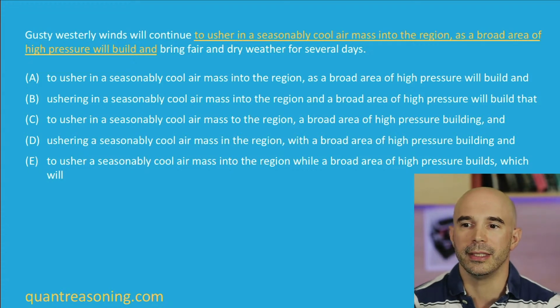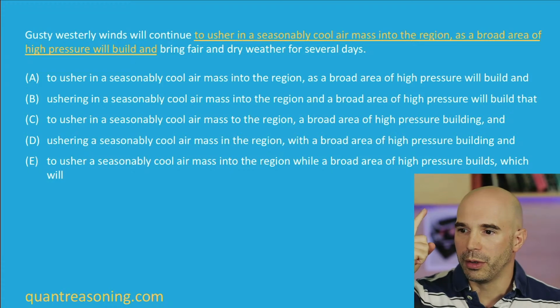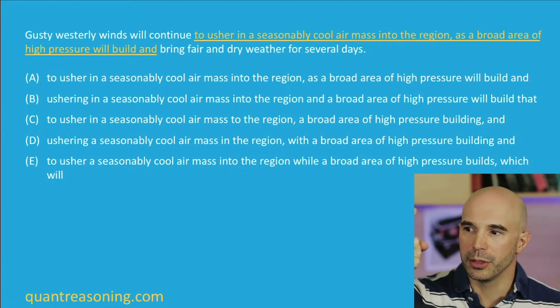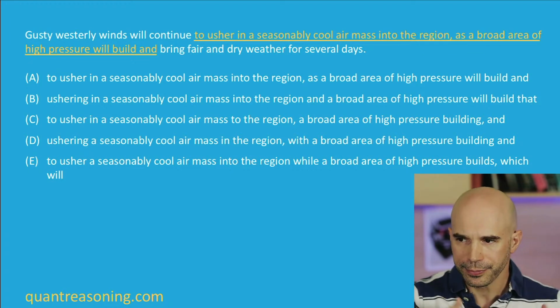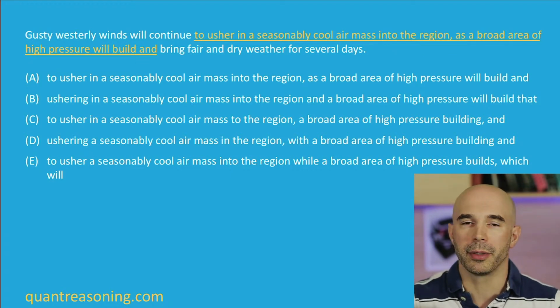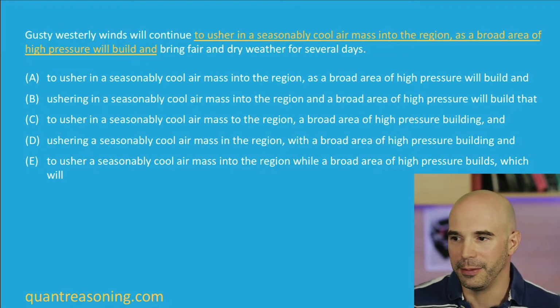And those two items in answer choice D have to be, number one, with a broad area of high pressure building, and number two, bring fair and dry weather for several days. So those are not parallel elements. You can't say with a broad area of high pressure building and bring fair and dry weather.